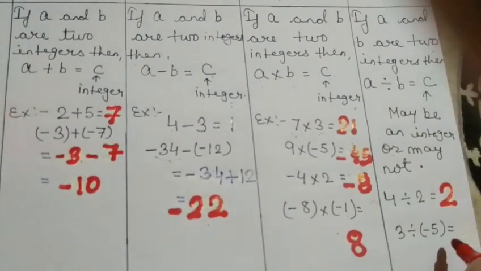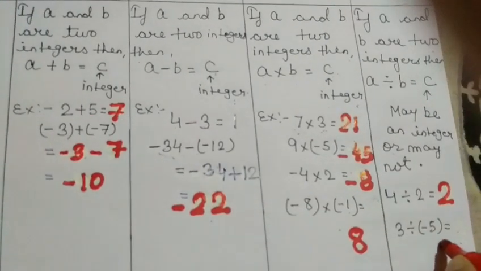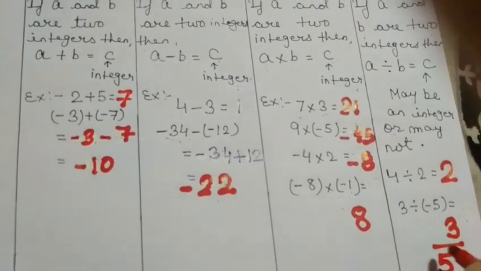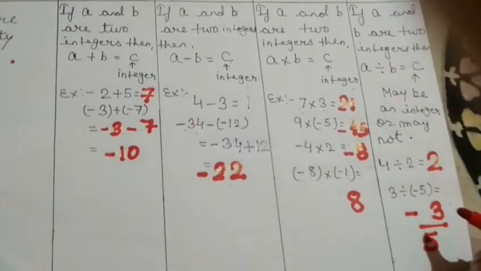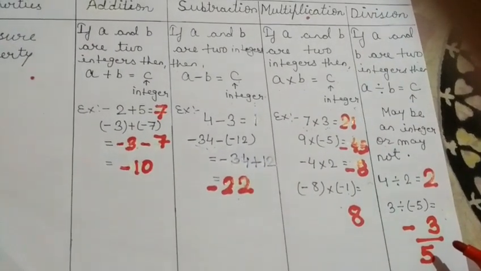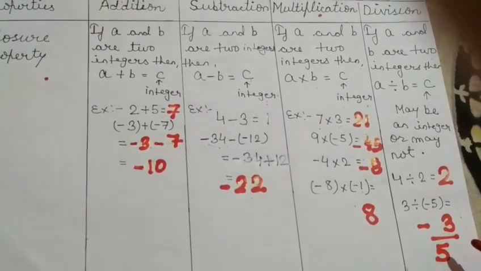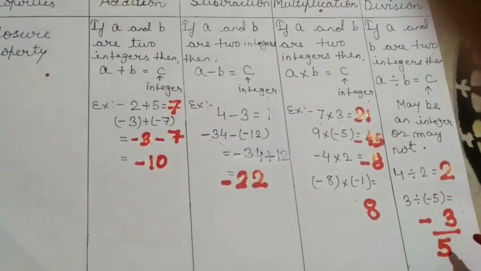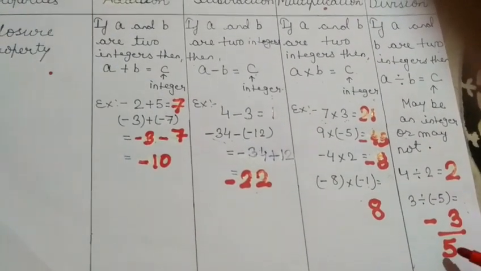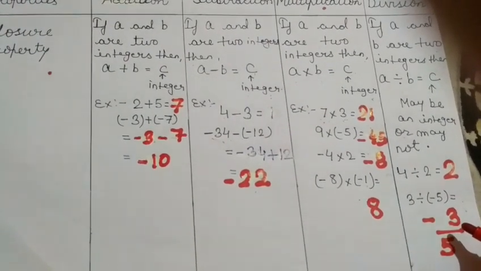But in next example, 3 divide by minus 5. So quotient will be 3 by 5. Okay. In integers, we know that counting numbers, whole numbers and negative of counting numbers are known as integers, but 3 by 5, 3 by 5 is not an integer.